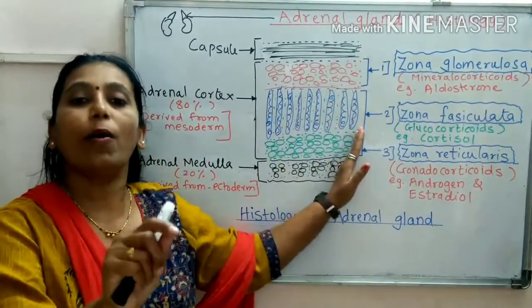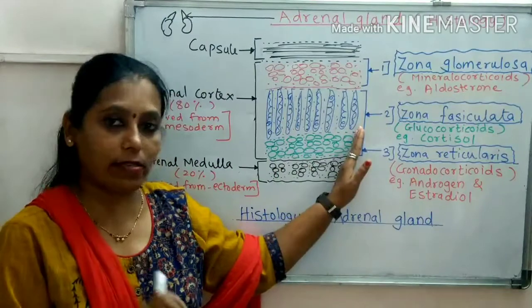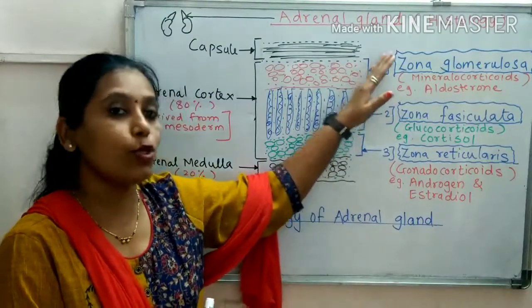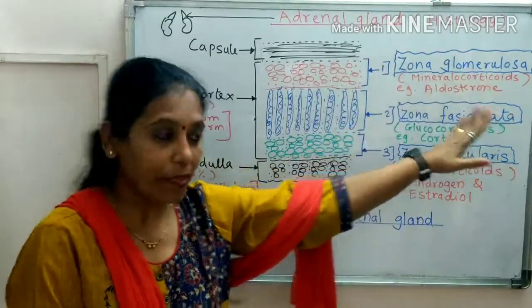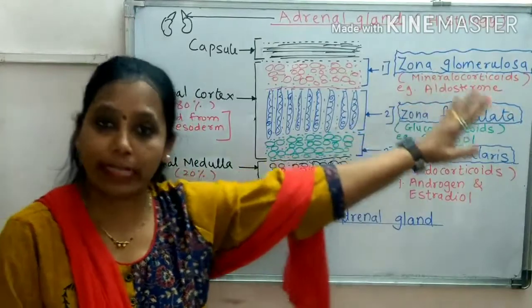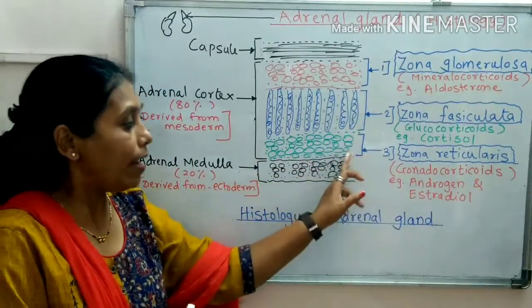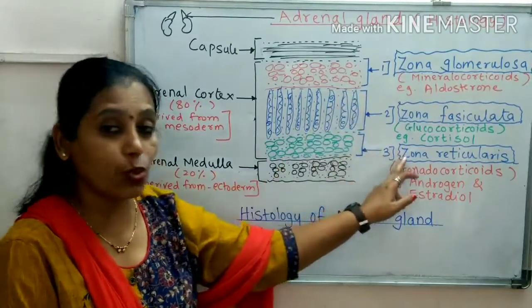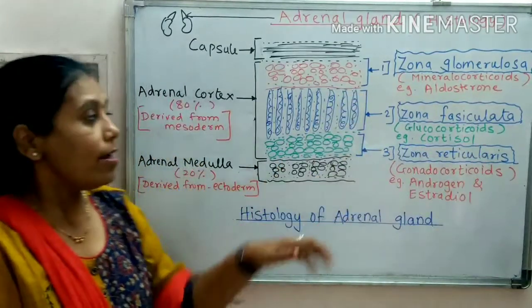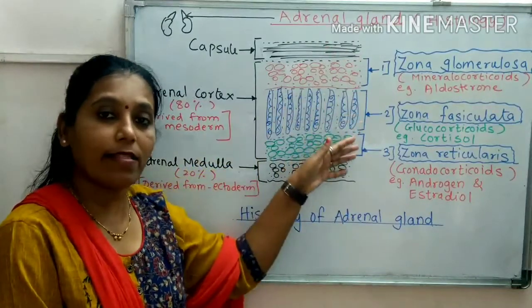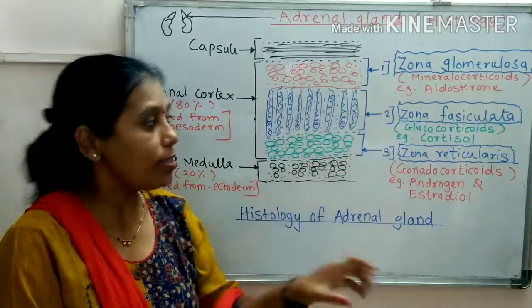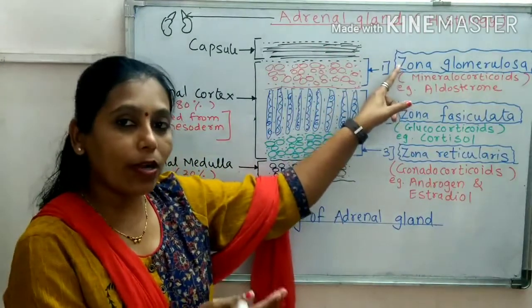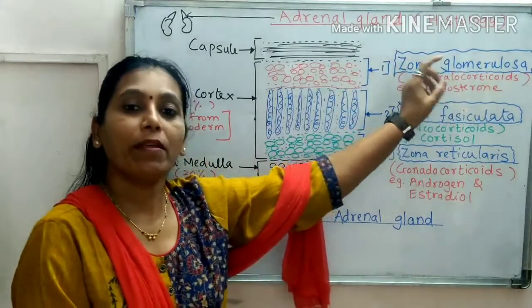It means the cortex is divided into three regions: the outermost layer, zona glomerulosa, the middle layer, zona fasciculata, and the innermost layer of the cortex, called zona reticularis.